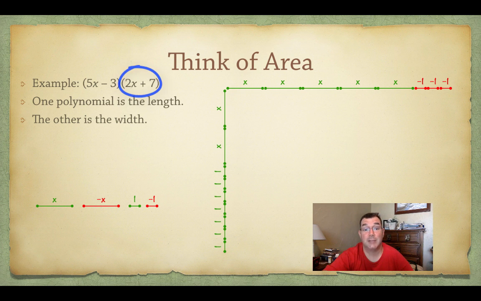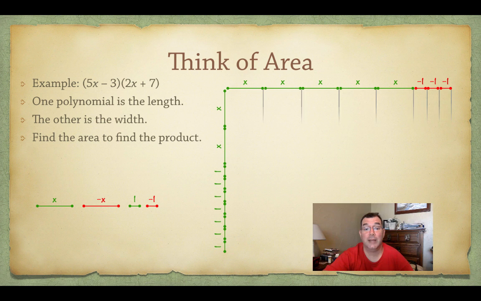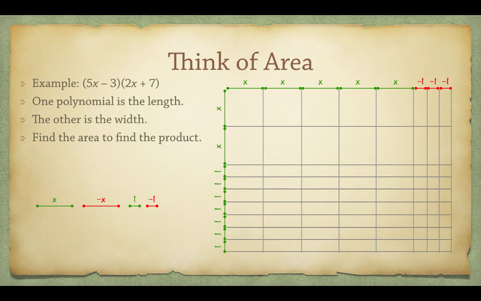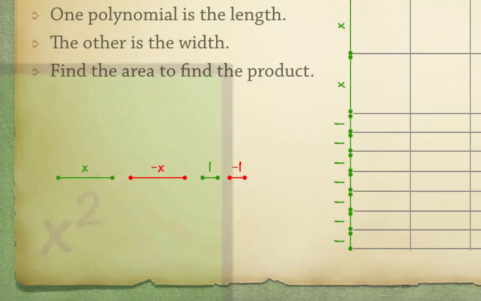That makes 2x plus 7. And so now I've got a length and a width, and I just create the rectangle and find the area of it. And so there's my rectangle, and all of the little lines that I've created have made squares, big squares, little squares, or rectangles.